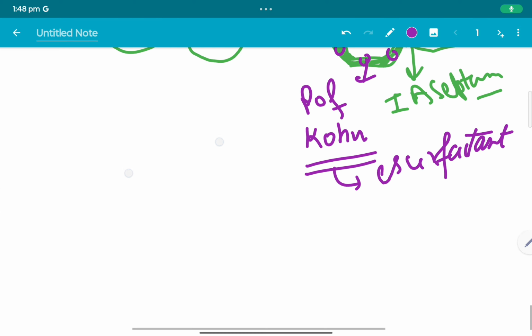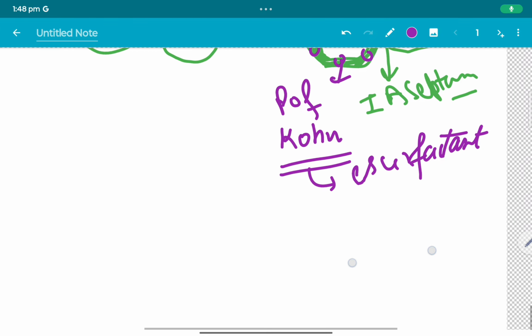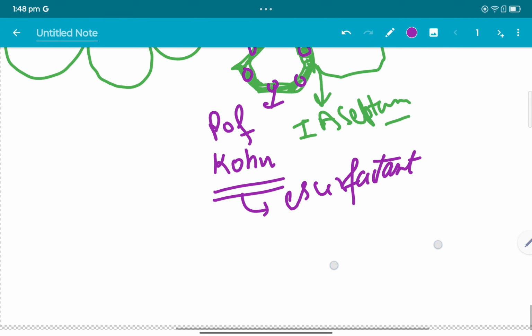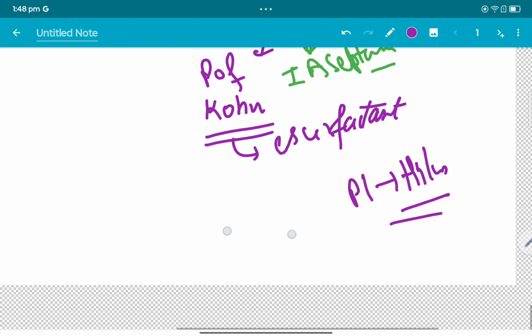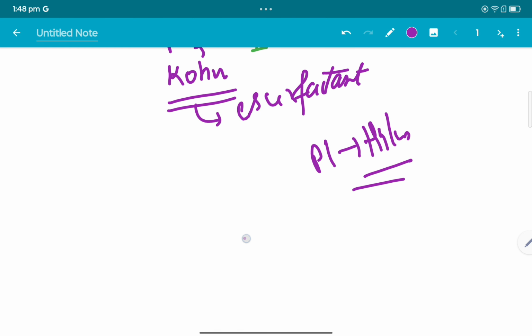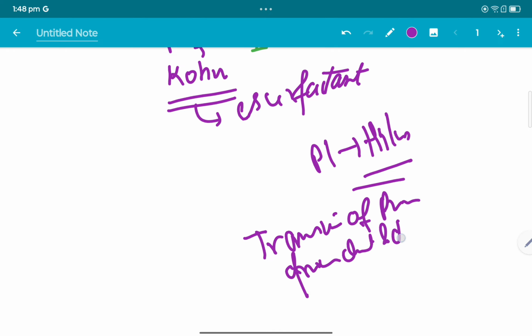These collagen and fibrous components extend from the vulva to the hilum. And what is its function? Its function is transmission of pressure from the chest and diaphragm.